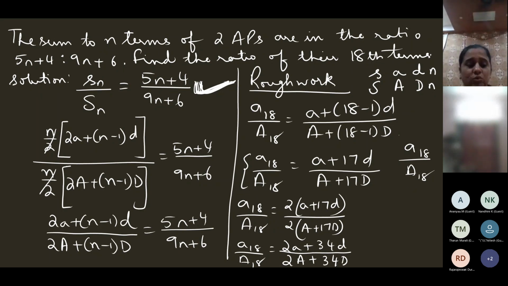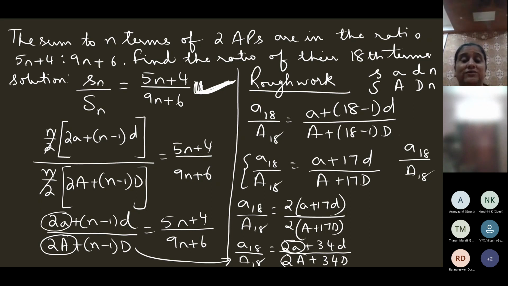Now it's easy to compare this and this, that is, what you have and what you should actually get. See, you have 2a plus 34d, 2a plus 34d. But here you have 2a plus n minus 1 into d in the numerator and denominator.